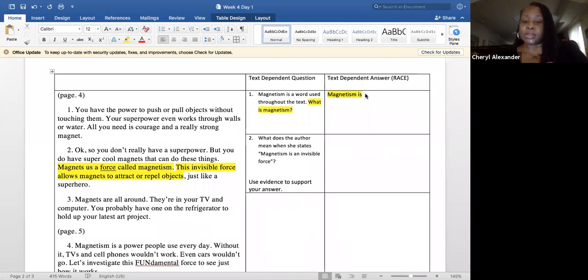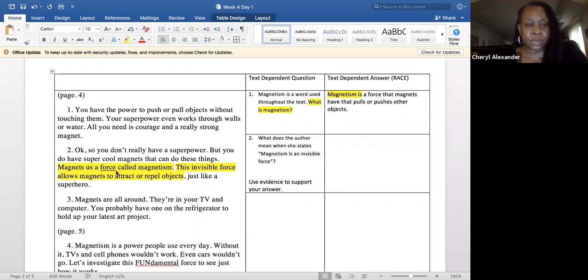So magnetism is a force that magnets have that pulls or pushes other objects. Let me just double check.